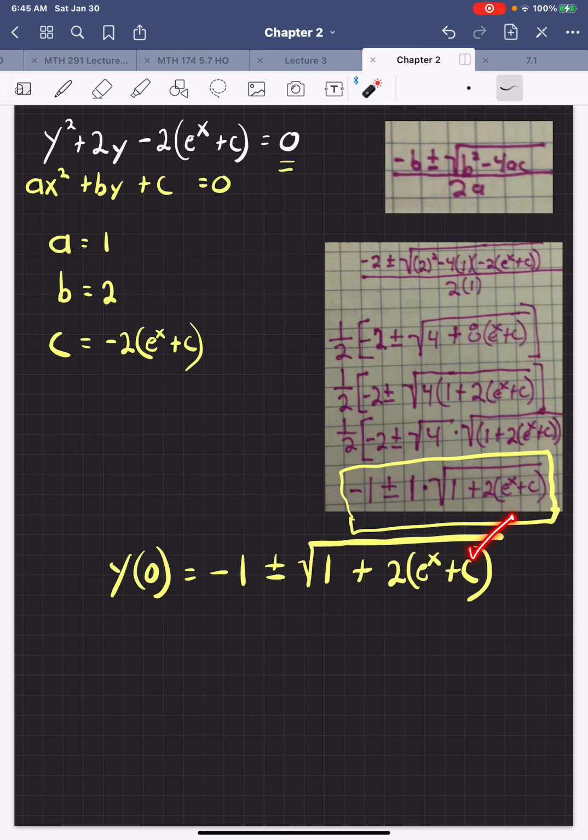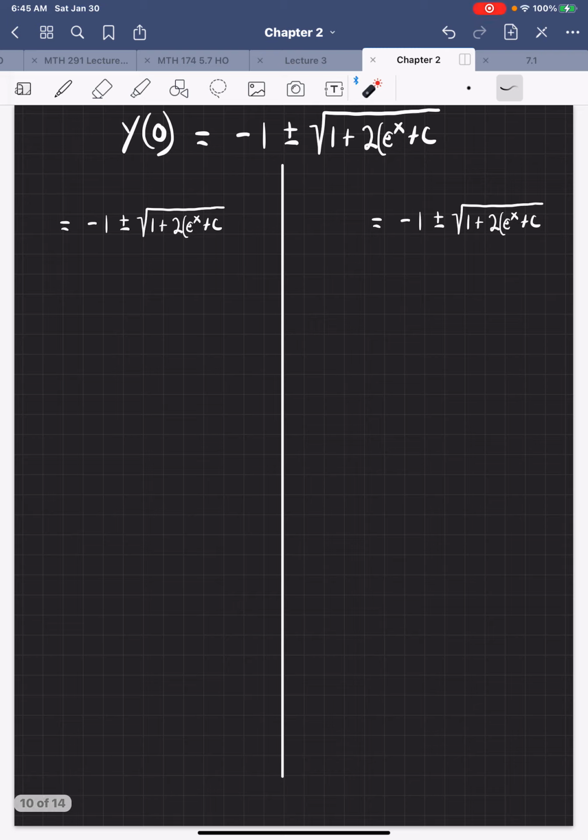So I'm going to grab this, and I'm going to go to the next page. Okay, so I've literally just copied that from the previous page.